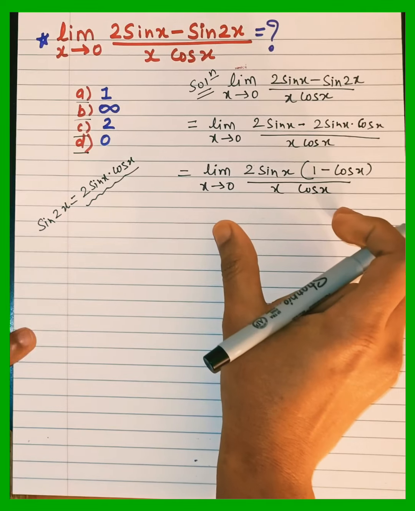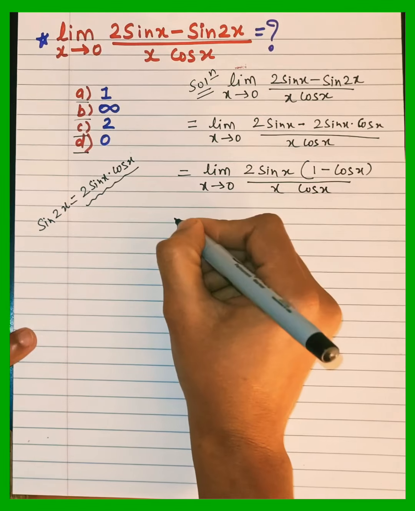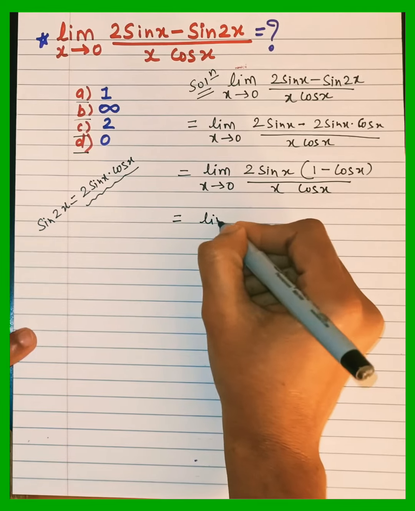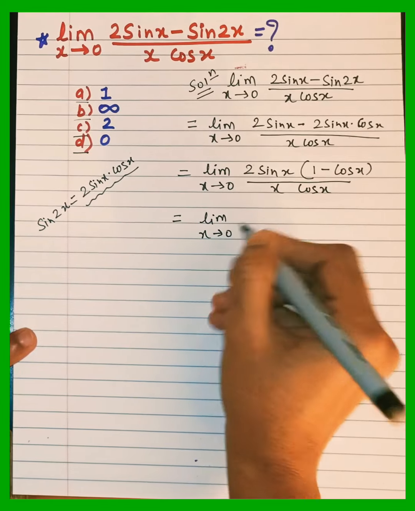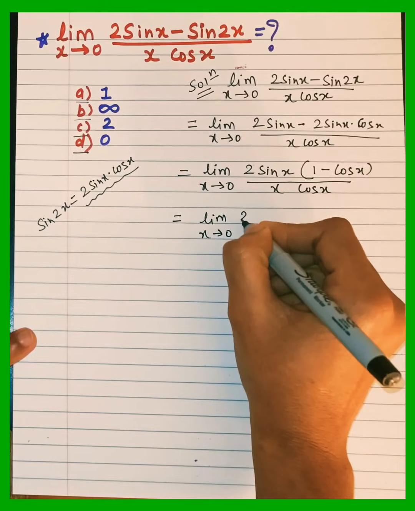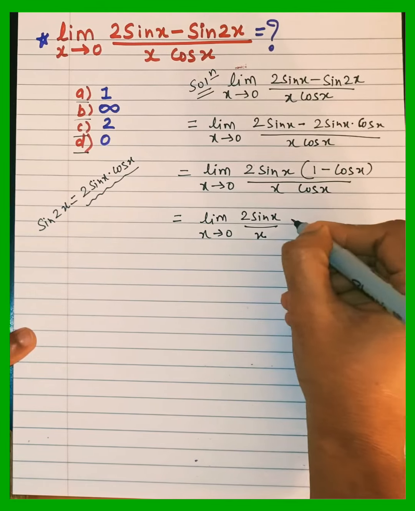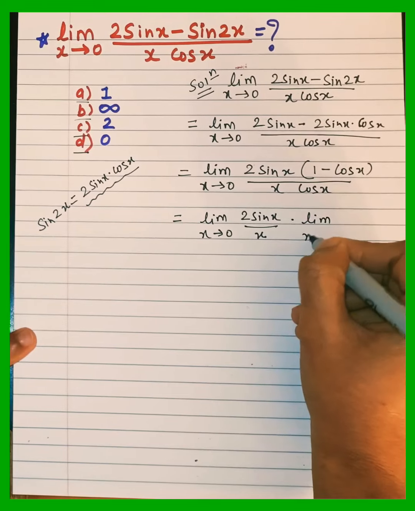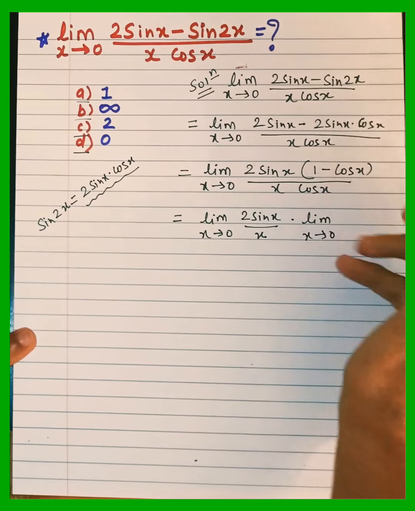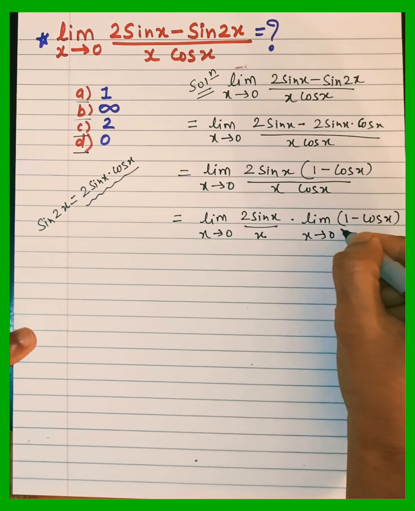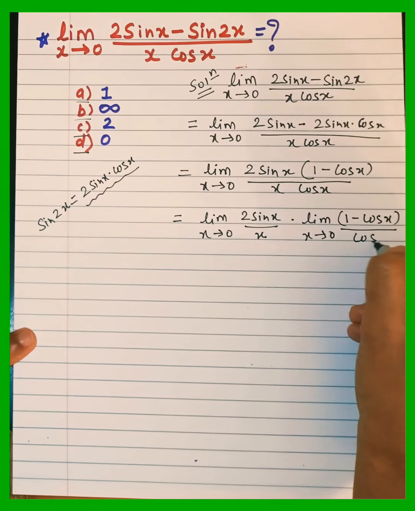Now moving ahead with the next step, we will separate this term: limit x tends to 0 of 2 sin x upon x, into limit x tends to 0 of (1 minus cos x) upon cos x.